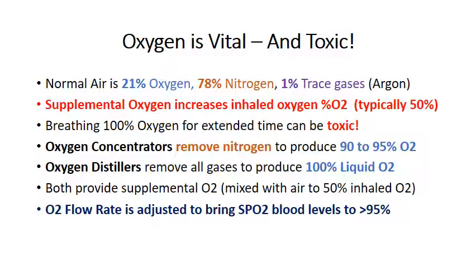Both provide supplemental O2 mixed with air to 50% inhaled O2. O2 flow rate is adjusted to bring the SpO2 blood levels to greater than 95% in a typical therapeutic application.